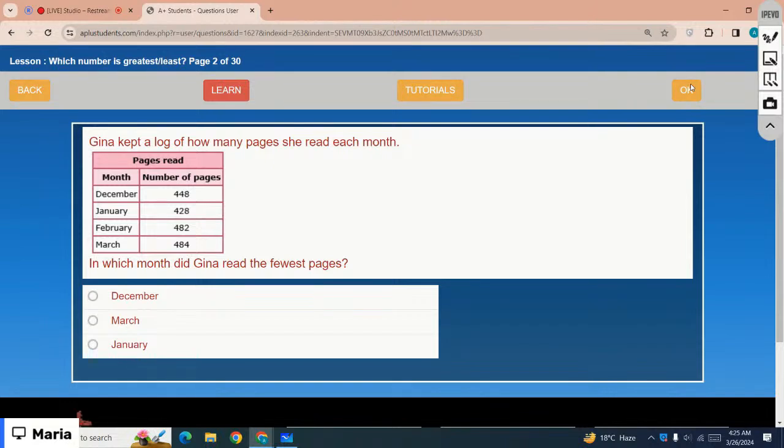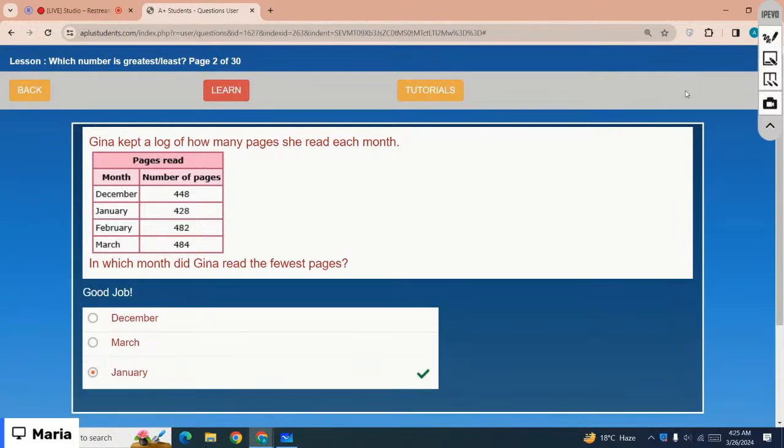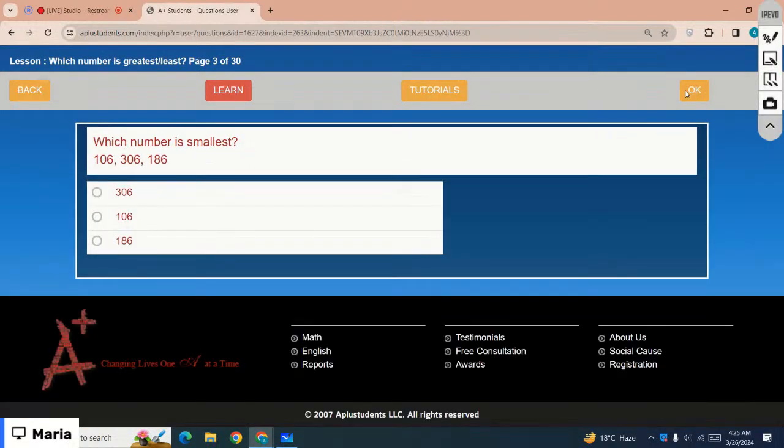And that is in January. The correct option is January, right? Which number is smallest?